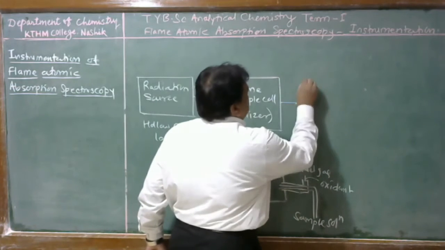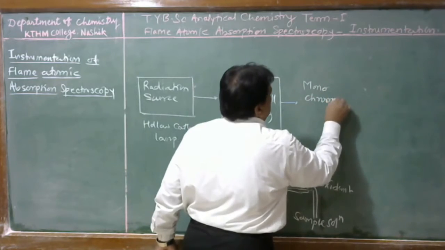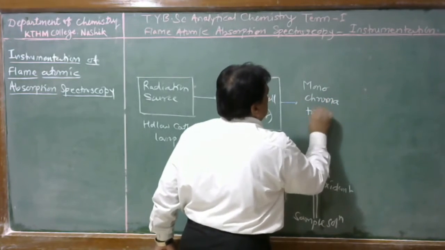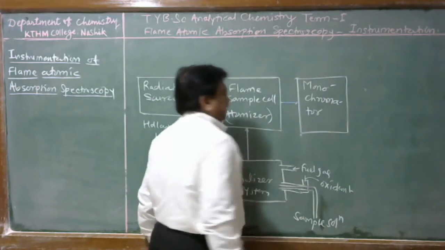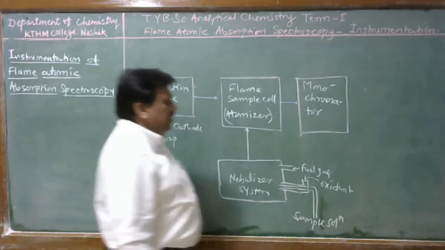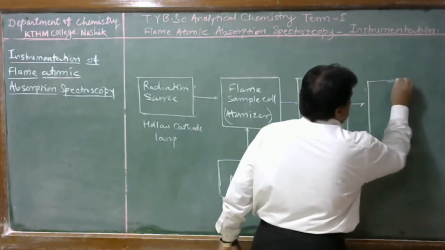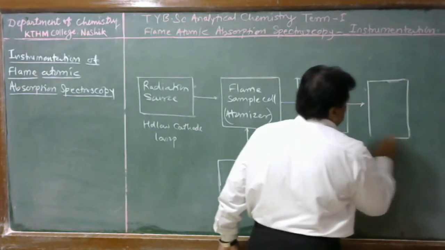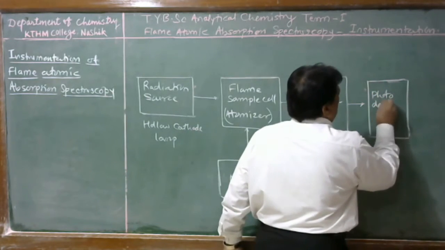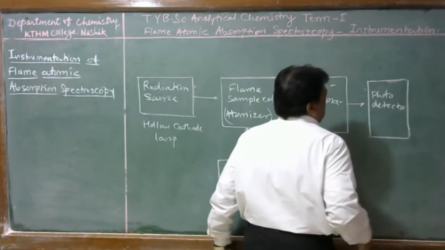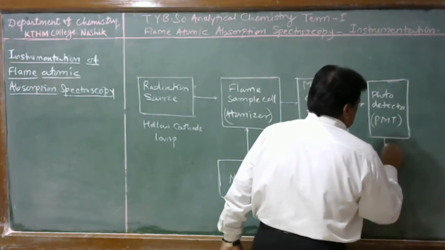Next component is the monochromator. This device isolates a resonance line of the sample from the source, and the next component is the detector. Here a photodetector like a photomultiplier tube is used as a detector.